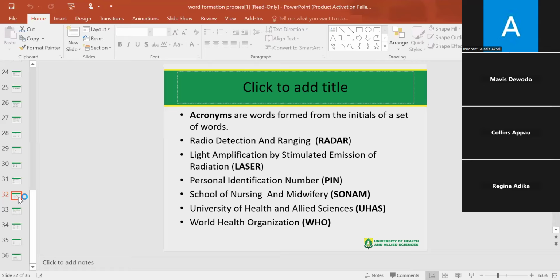Something like UN cannot be an acronym. It is an abbreviation. But something like NATO could be an acronym because you pronounce it as if it's a word. Okay.